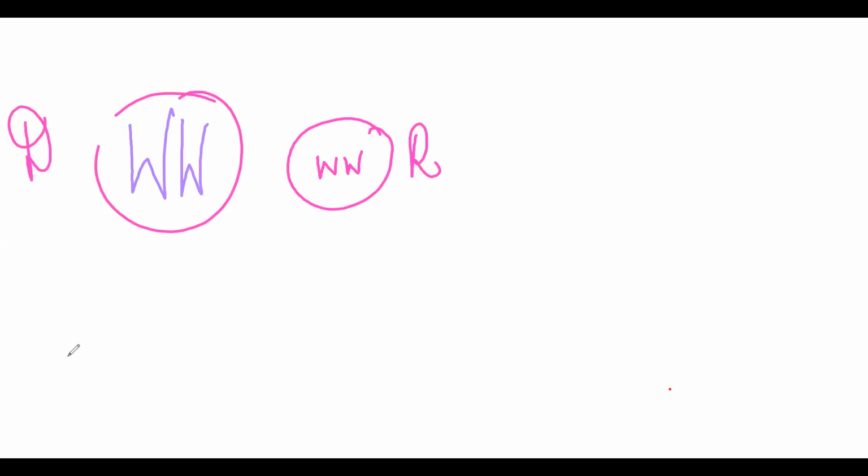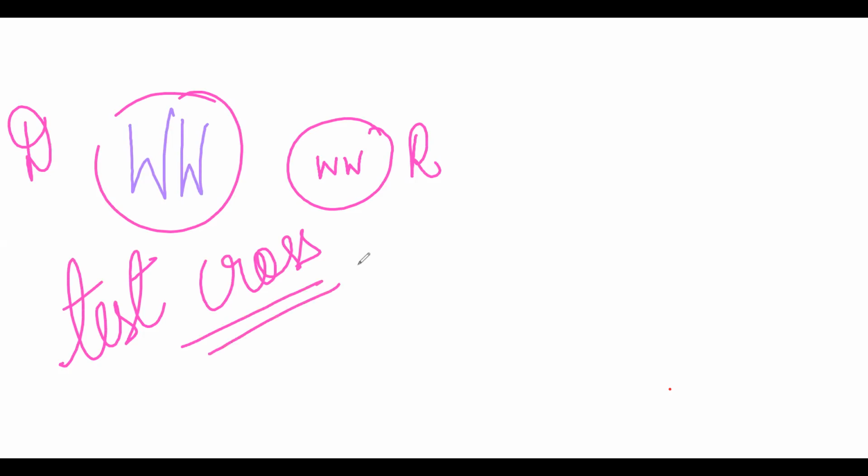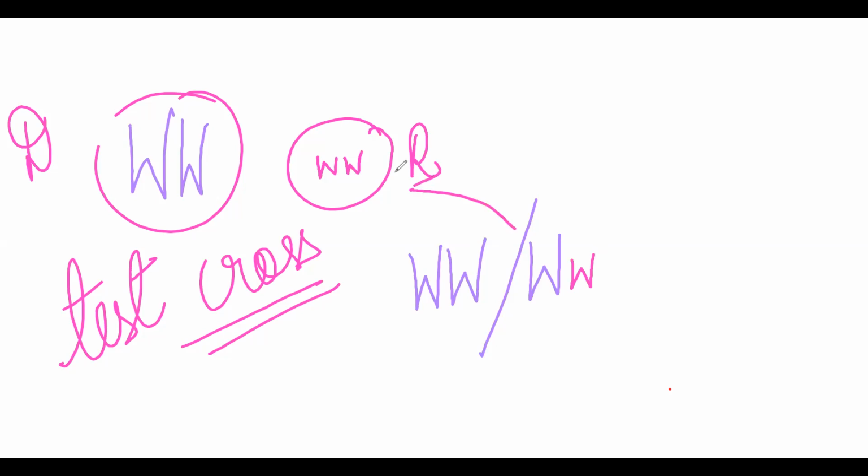We have to perform the test cross of the unknown flower which is purple in color. The chances are that the genotype would be capital W capital W, or capital W and small w. Now, during this test cross, we always have to select the recessive one only.